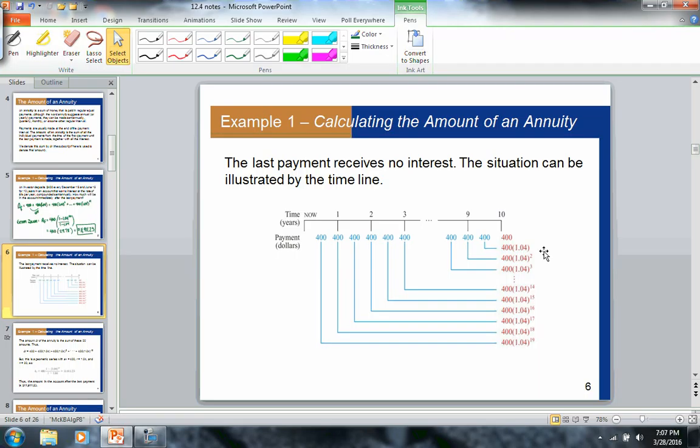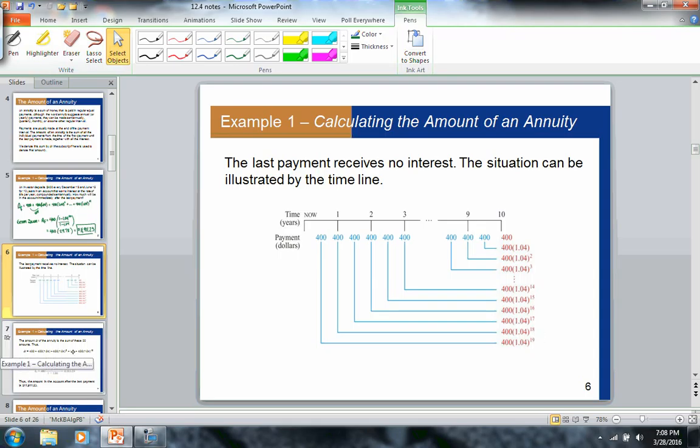And this is showing how that last payment is going to be to the 19th power, and then as it decreases, that very first payment didn't have any interest applied to it yet. So it's really the 1.04 to the 0 power, and then we have the 1.04 to the first, and so on. So that's why our exponent is n minus 1. We had 20 payments, 20 minus 1 is 19.